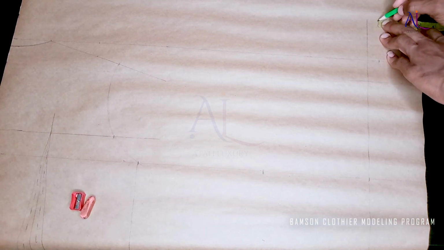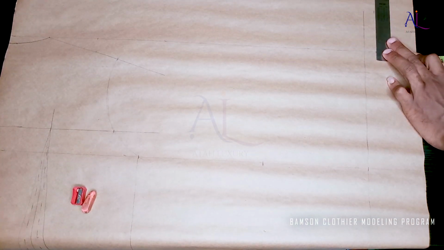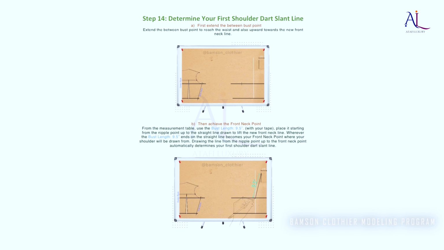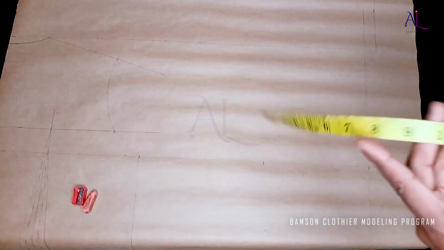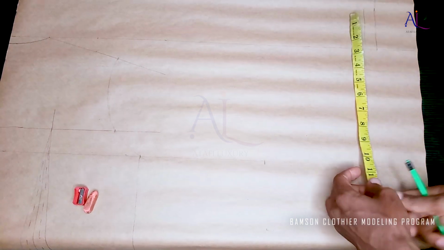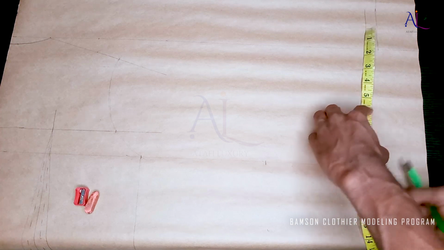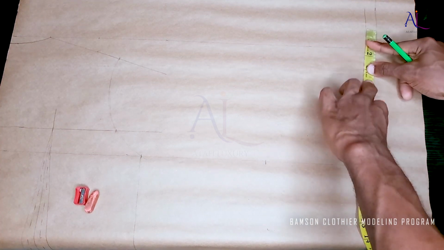All right, so now we're going to take it upwards, drawing a straight line. Now we've moved it upwards. Okay, so the next thing to do is to get our bust point. The bust point length is 9.5 from the measurement table. We use our tape to measure it to get the exact point on our neck.